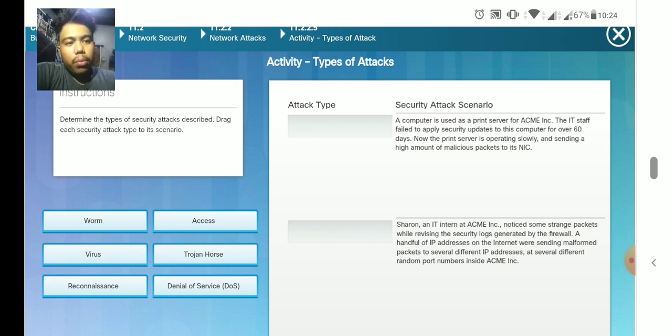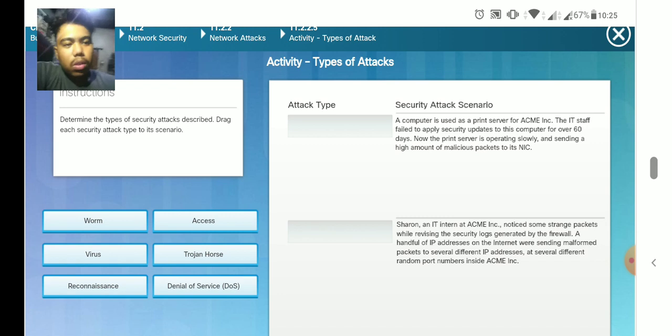We have a given scenario here, so we have to analyze it. A computer is used as a print server, and the IT staff failed to apply security updates to the computer for over 60 days. Now the print server is slowly sending a high amount of malicious packets to leak.